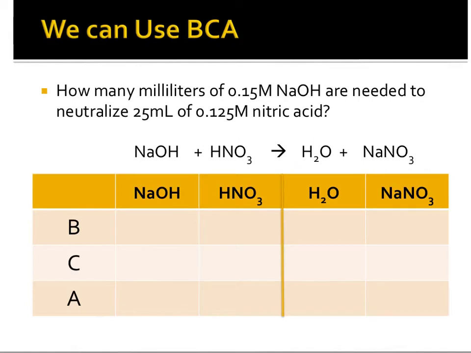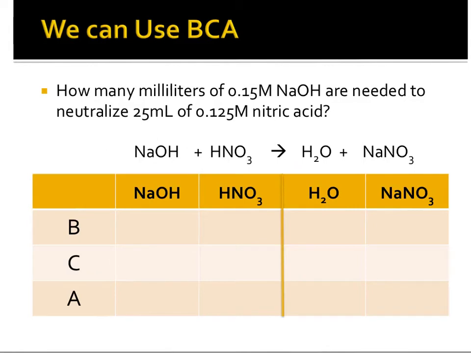This reaction is an acid and base that are neutralizing. So really, we're not changing any of the other information. We are just applying the molarity calculations to a BCA table with acids and bases specifically.